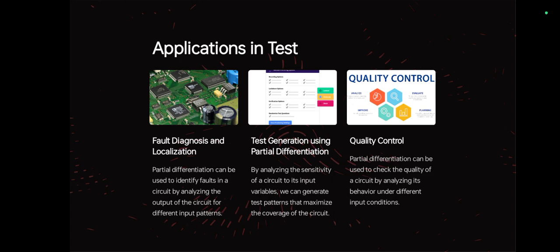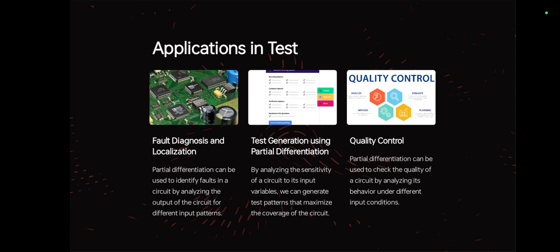There are many benefits of partial differentiation. Partial differentiation has several benefits in the field of calculus and mathematical analysis. It allows us to find the rate of change of a function with respect to a specific variable while treating other variables as constants.